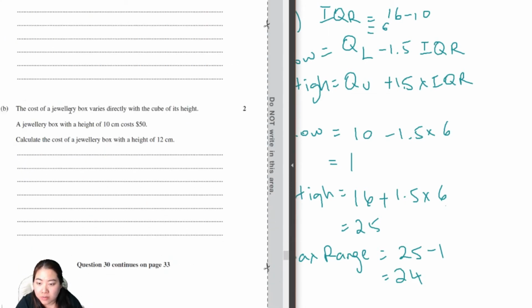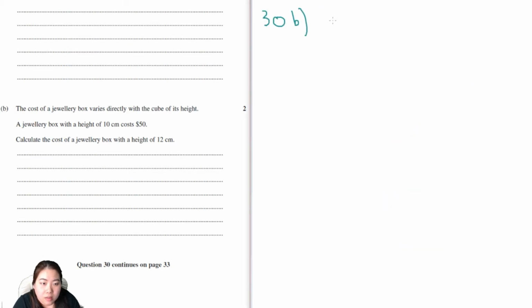Question B. The cost of a jewelry box varies directly with the cube of its height. The jewelry box of height 10 centimeters costs $50. Calculate the cost of a jewelry box with a height of 12 centimeters for 2 marks. The equation would be: the cost varies directly with the cube of its height, multiplied by a constant that we don't know.